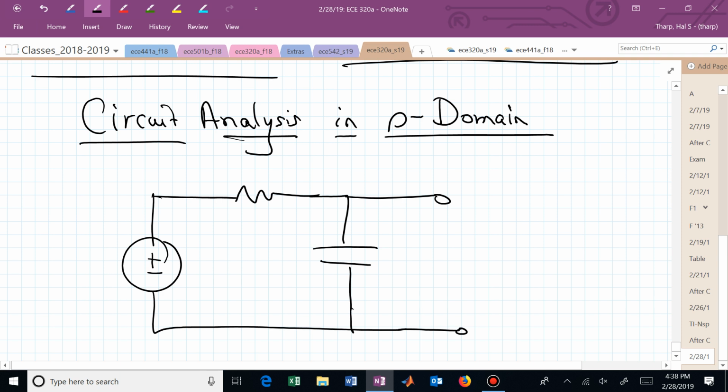Suppose somebody puts this on your napkin in front of you, and they're interviewing you, and they say, here's a voltage source, V of t, here's a resistor, and here's a capacitor. And what is that circuit? How could you describe this in a phrase?